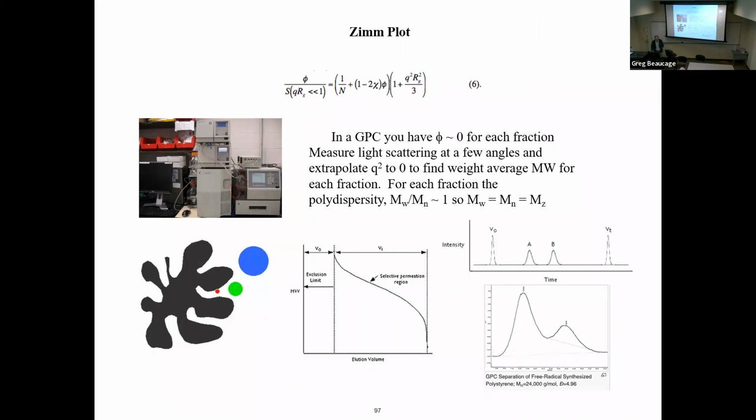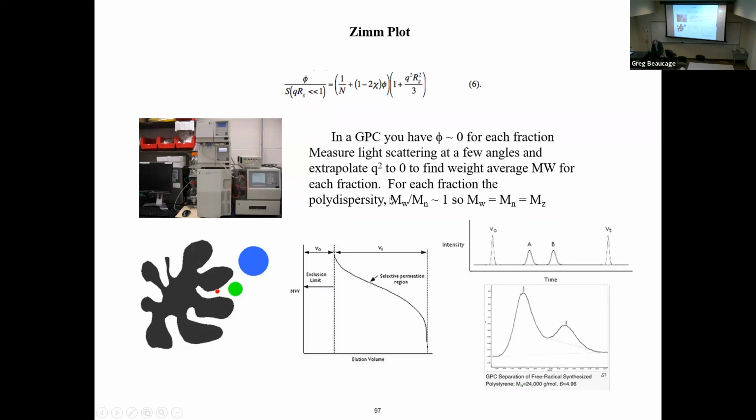So weight, number, Z average, all the moments, like the first, second, third, fourth, fifth moment of molecular weight, are all the same number. Even though it's a weight average that comes out of light scattering, it'll be the same as the viscosity average you get from viscosity. So any technique you use to measure molecular weight is going to give the same number because it's monodisperse once it's gone through the column, right?